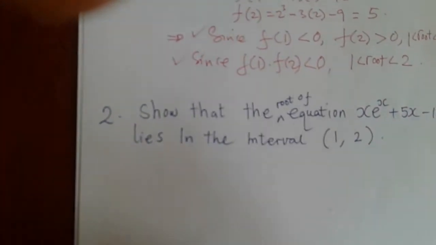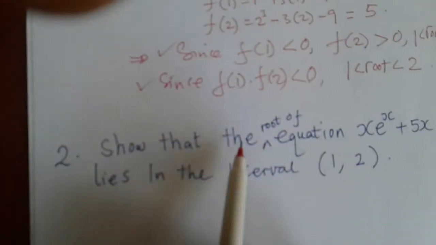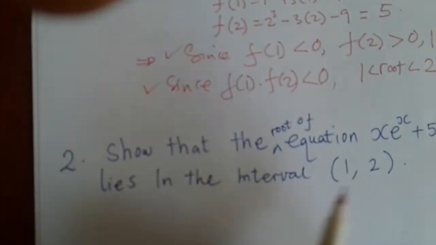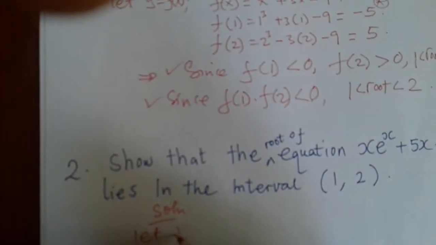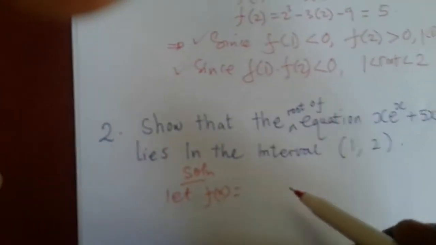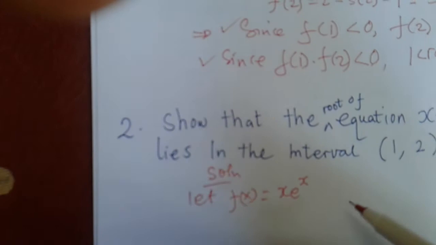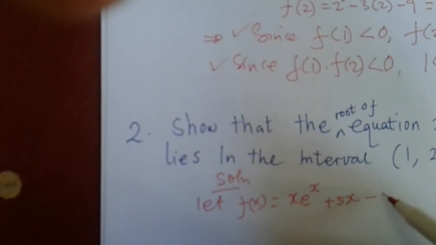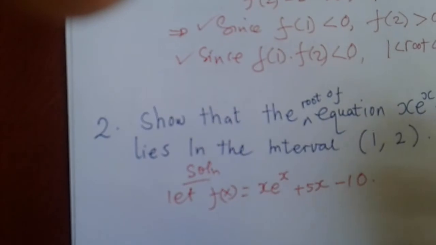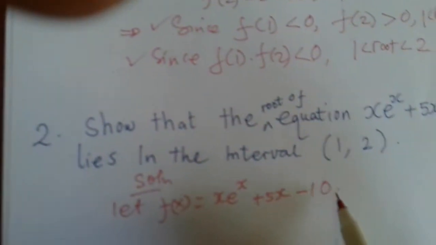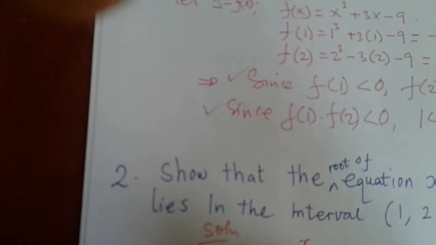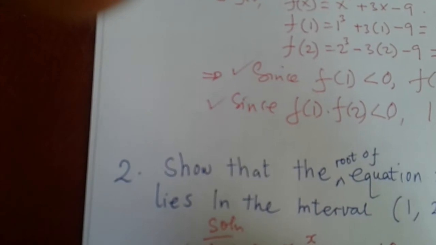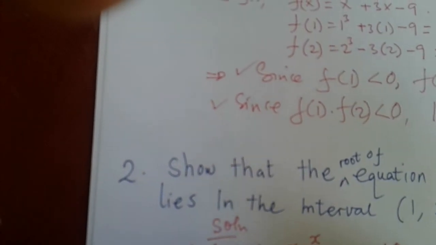We can have example 2, which is done the same way, to show that the root of the equation lies in the interval. Similarly, you let f(x) be equal to x e power x plus 5x minus 10. Full stop, don't include the 0; you stop at 10 and put a full stop. Then f of 1 will be 1 times e power 1 plus 5 times 1 minus 10.